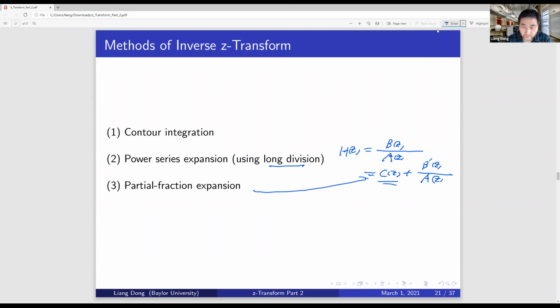We already moved a very complicated rational format into a polynomial and a second term. In the second term, the order of the denominator A is larger than the order of the numerator. Then I want to either do a simple calculation, or if this denominator has order just 1 or 2, I can look up the table.